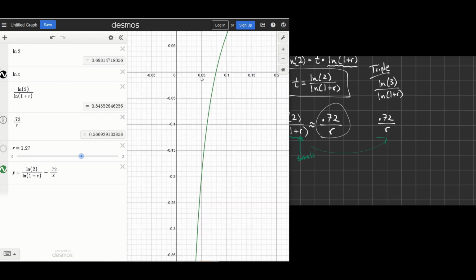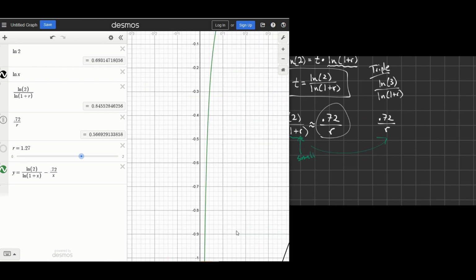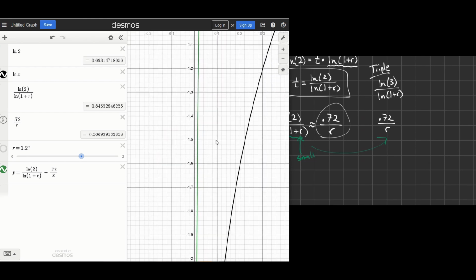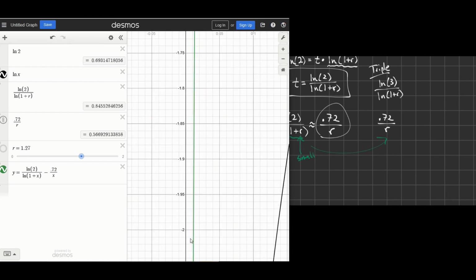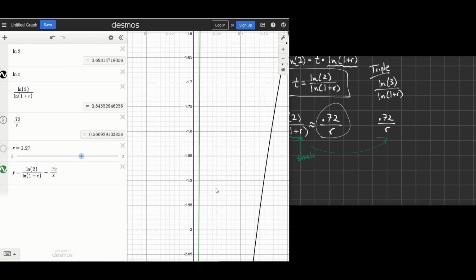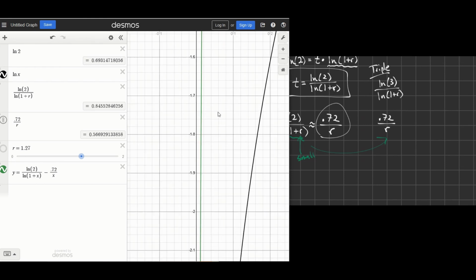So you see, as the interest rate gets really low, like 1%, 2%, the difference is actually pretty large. This is where you see the couple of years difference. At 1%, I think it was a 2.5 year difference. That's where the actual value is a little bit smaller than the approximation, and that's why we're getting negative numbers here.